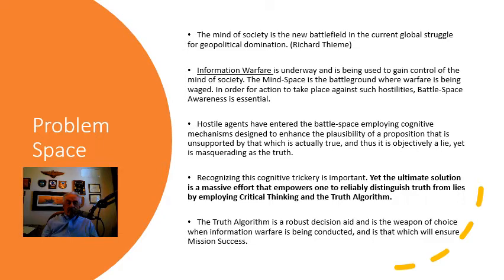Recognizing this cognitive trickery is important. Yet, the ultimate solution is a massive effort that empowers one to reliably distinguish truth from lies by employing critical thinking and the truth algorithm. The truth algorithm is, in fact, a robust decision aid that helps us in this process.